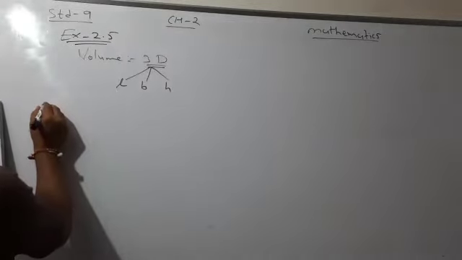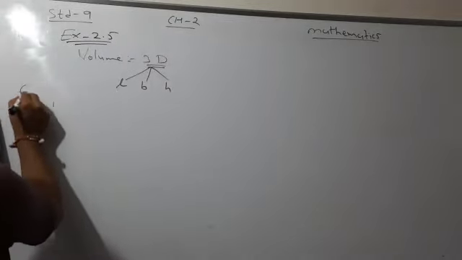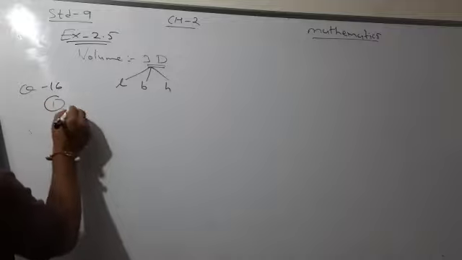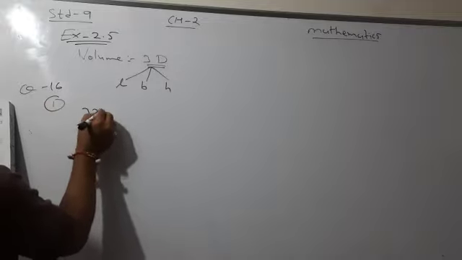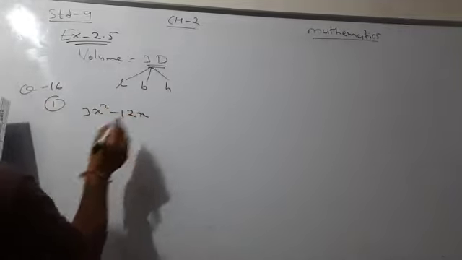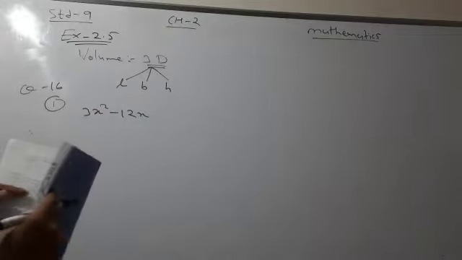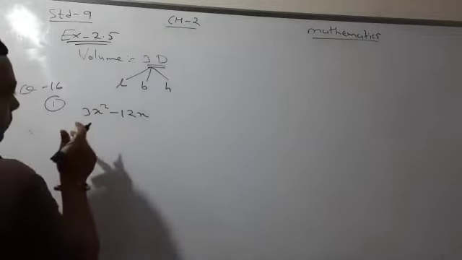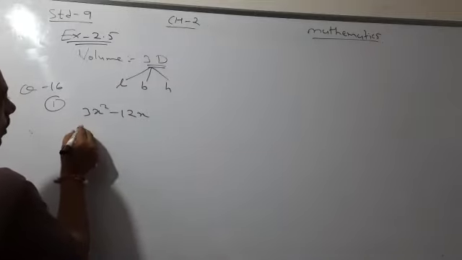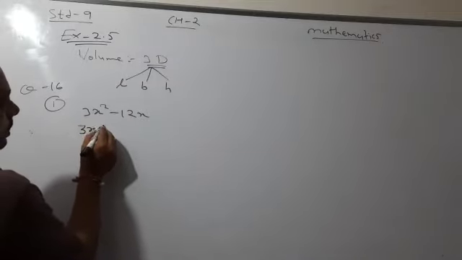In the same way here, the first question of question number 16 is 3x square minus 12x. What can we take common from this? We can take common 3x.